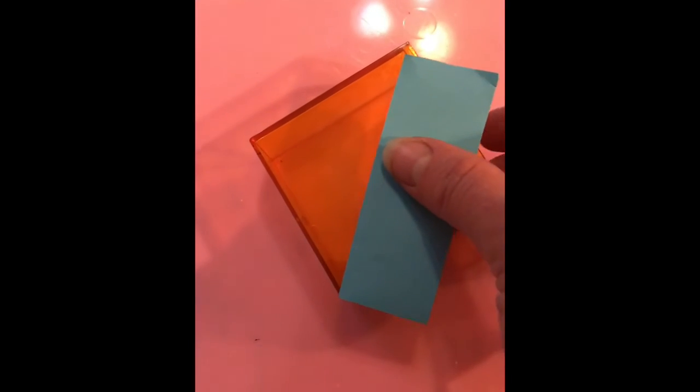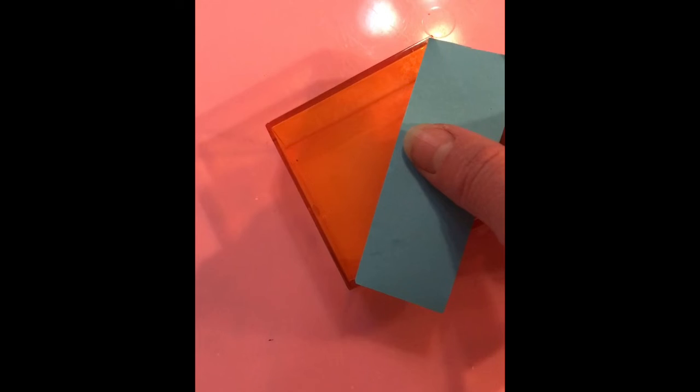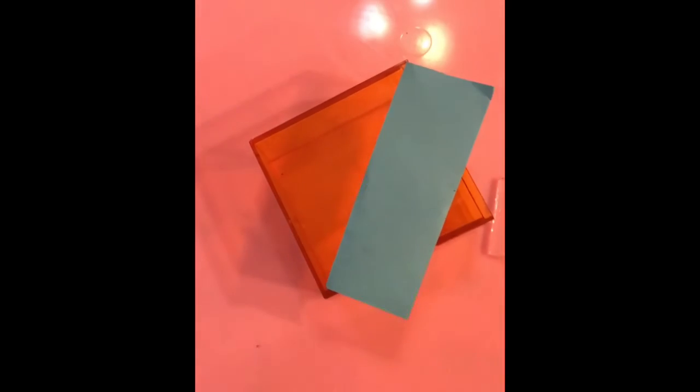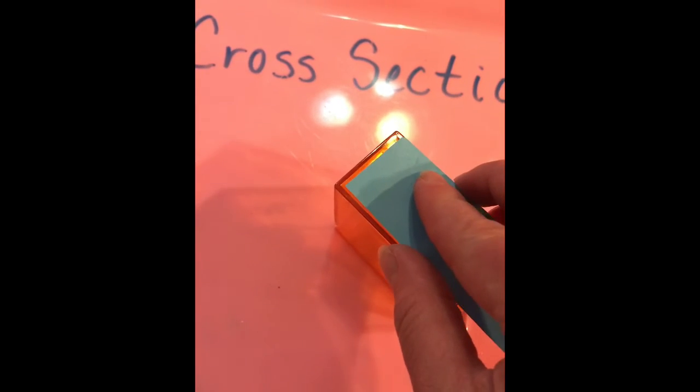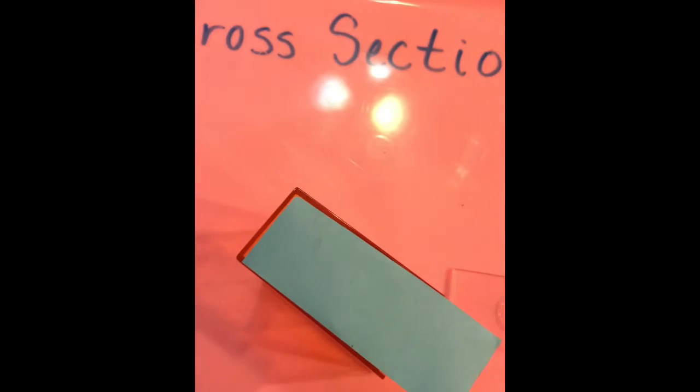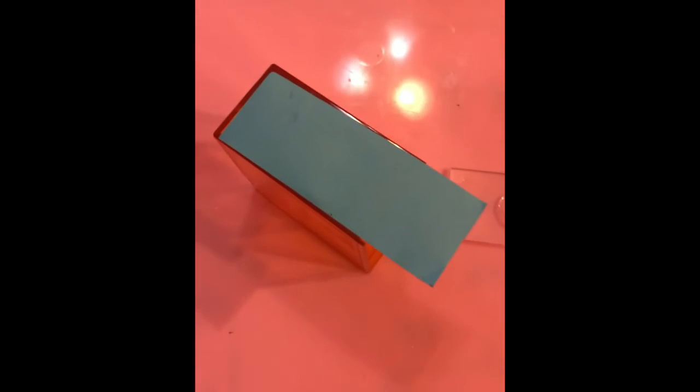Oh, let's see if that's right. Yeah, good. Okay, so this right here is like the hypotenuse of this triangle. And this edge here is equal to this edge here. So you will actually have to calculate one of these later. But good job. Yay for cross sections.